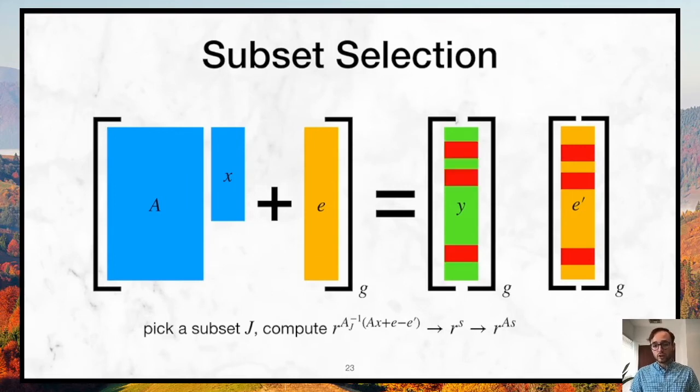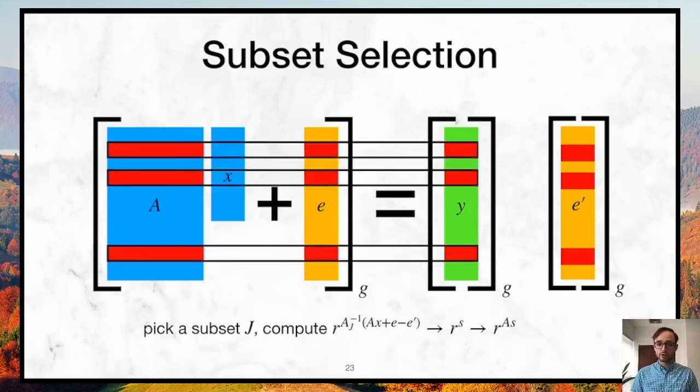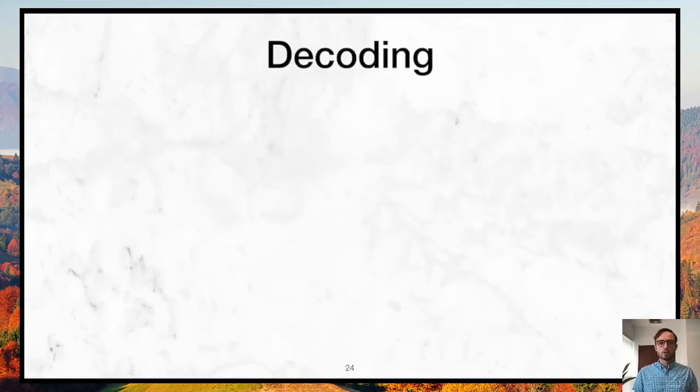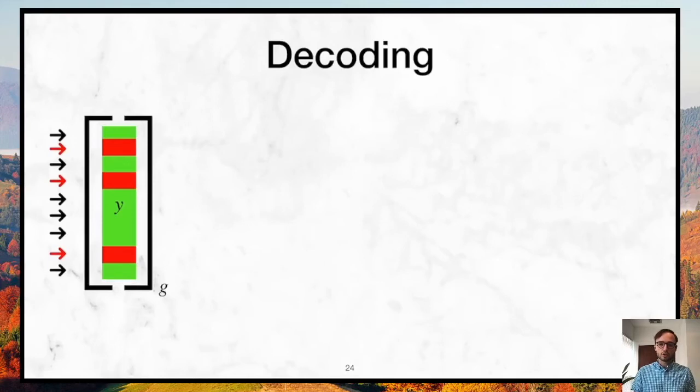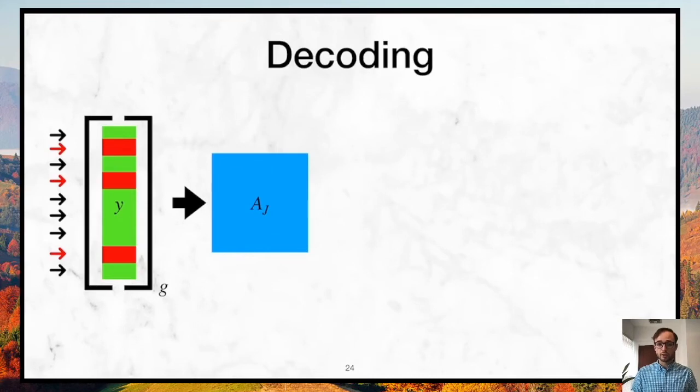By picking locations to exclude in E prime, we'll also be excluding them in Y. This corresponds to excluding rows of our matrix A. So our subset selection of high confidence locations gives us a subset that we can restrict our generating matrix to.